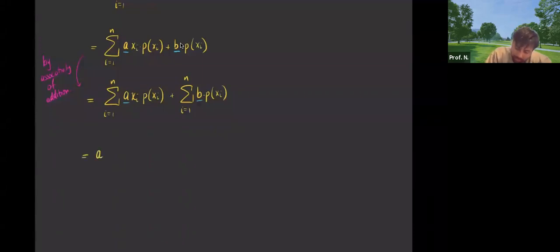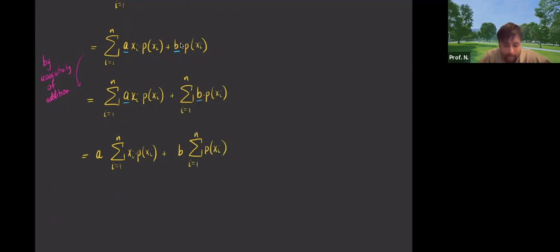I get a multiplied by the summation as i goes from 1 through n of x sub i times p of x sub i, plus take out the b, take the summation as i goes through n of p of x sub i. Now, what does this equal?